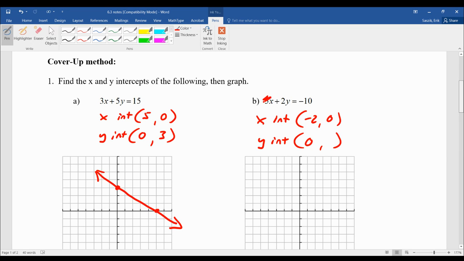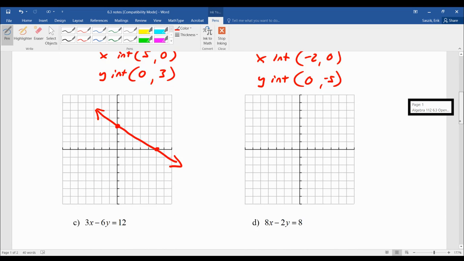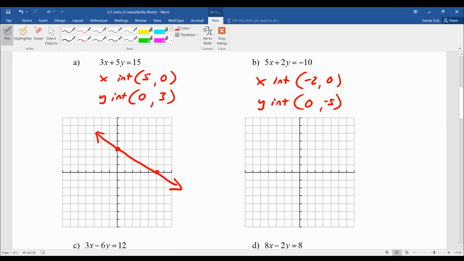If this is 0, that gets covered up. 2 times what is negative 10? 2 times negative 5. Okay, there you go. Whoops, I've got to graph that, right? Negative 2 comma 0. 1, 2, 3, 4, 5. There's the negative 5, and there is our line.